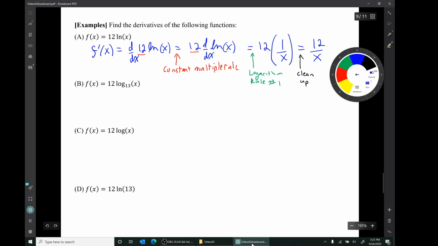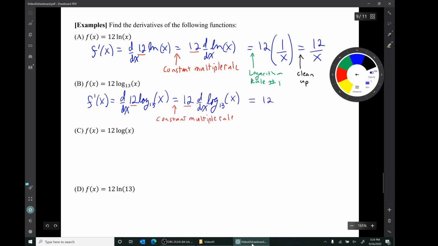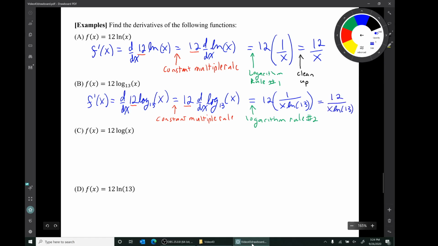Do another example. This calculation, again, started with the constant multiple rule, and then we used log function rule number 2, which told us that d dx of log base 13 of x equals this stuff, 1 over x ln of 13.